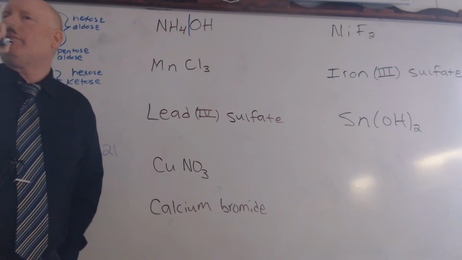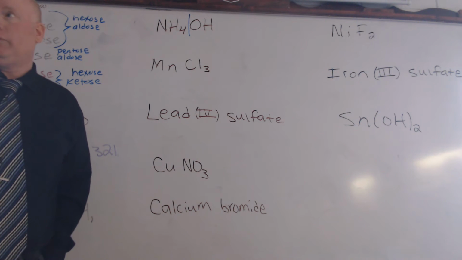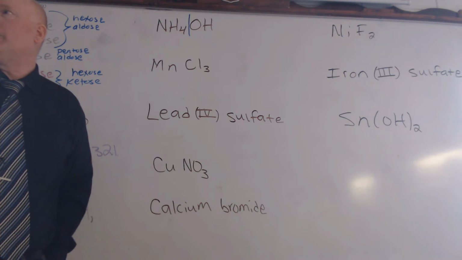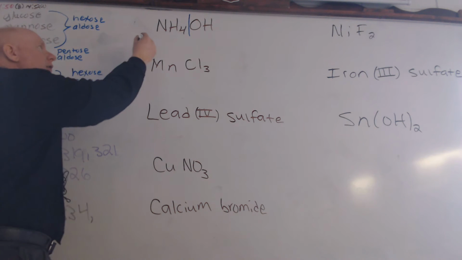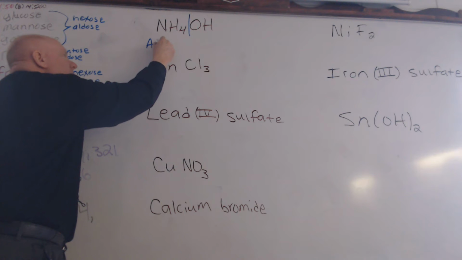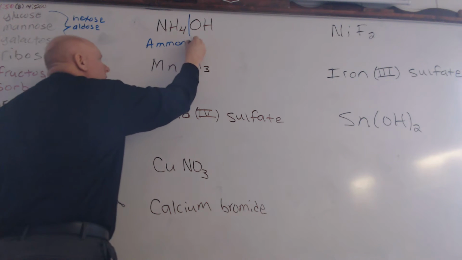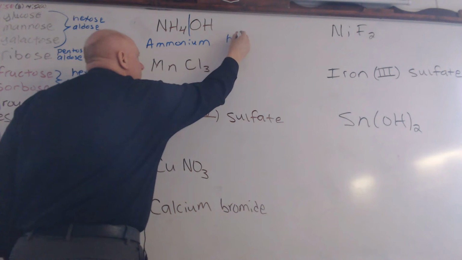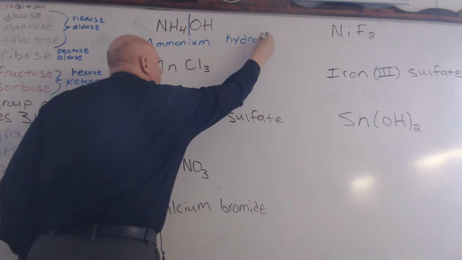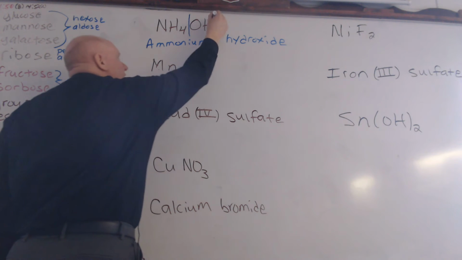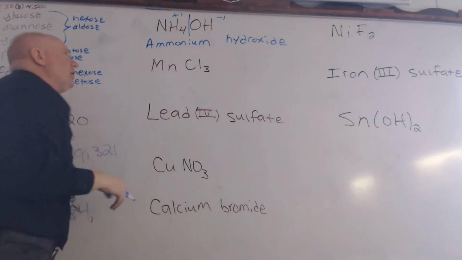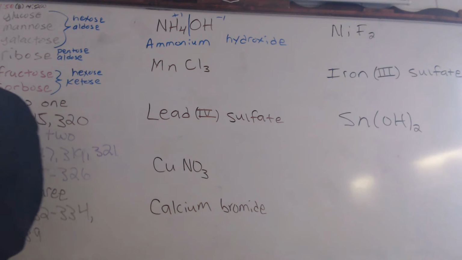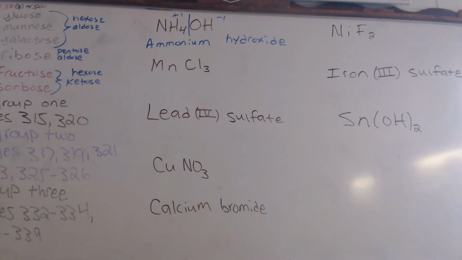Is that written on your paper? You'd be helping yourself out if you write this down. This is ammonium hydroxide. This is -1, that's +1. The charges add up to 0, so you don't need to put any subscripts down there.